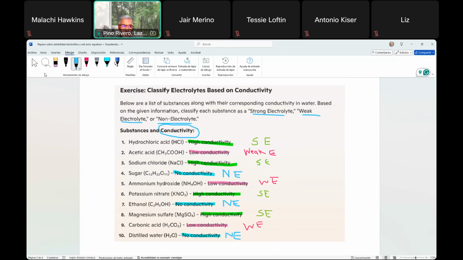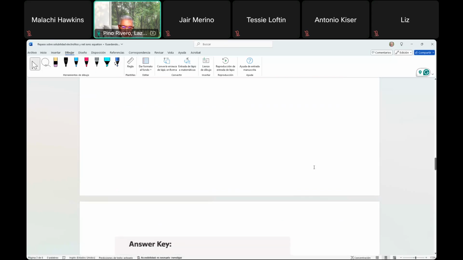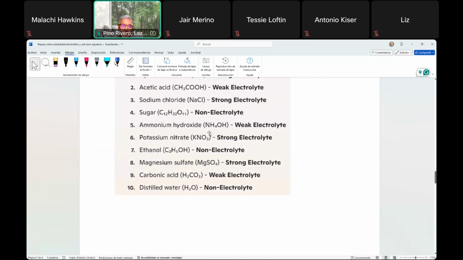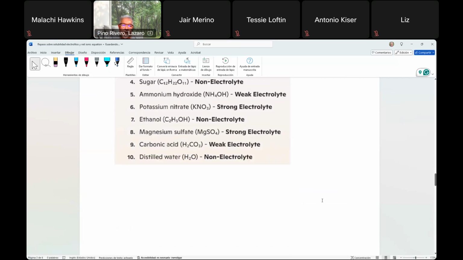No questions? Okay, let's go. Then, as you can see, this is a classification. You can take a picture of this. This is a classification for the substances according with the conductivity. Okay?